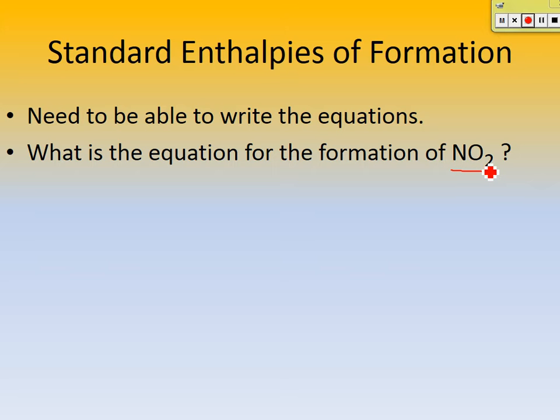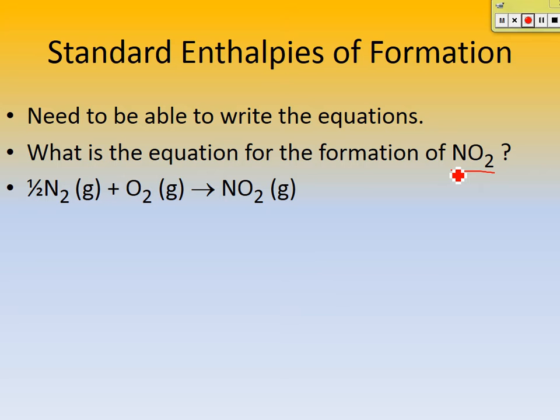Now if we go back to the definition of standard enthalpy of formation, we're going to form 1 mole of the product. And so here's what that would look like. We need to form 1 mole of this. That's important. So 1 mole is going to be the product.